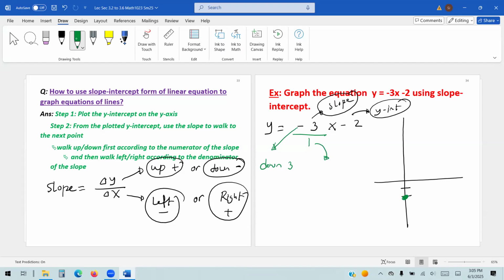If it's plus, then it's right. If it's minus, then left. So this one, is it plus or minus? Plus. So you're going to go right. So from this y-intercept, go 1 down, 2 down, 3 down. And then from that position, go 1 unit to the right here.